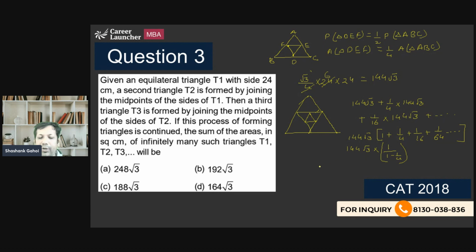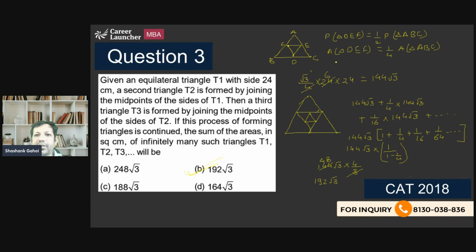So I get 144 root 3 into 4 upon 3. The 3 cancels and this becomes 48. So 48 into 4 is going to be 192 root 3. So the answer of this question is going to be option B, that is 192 root 3.